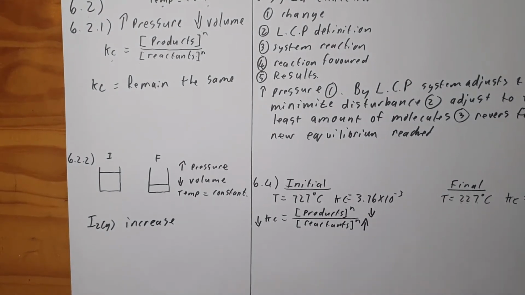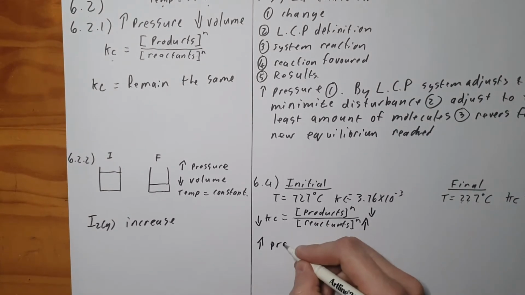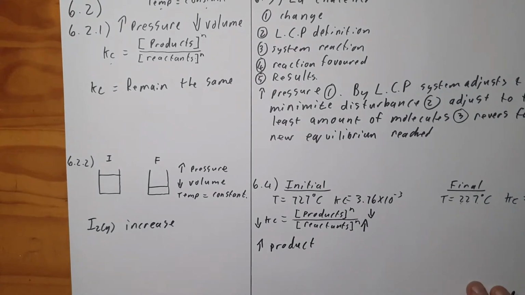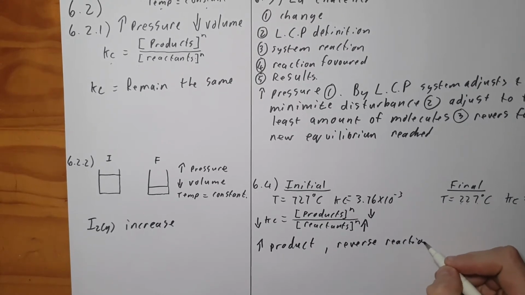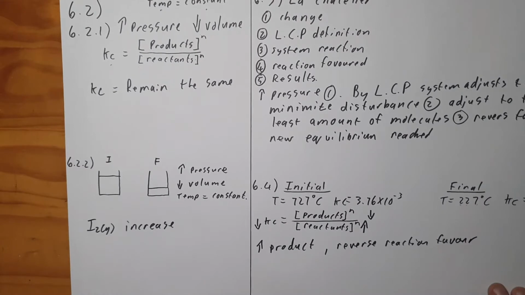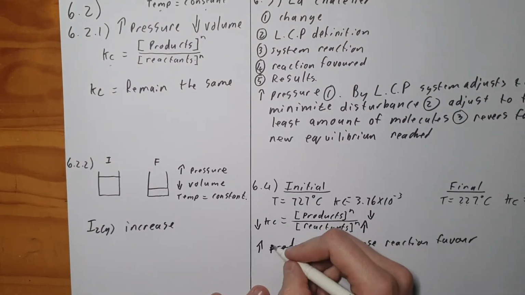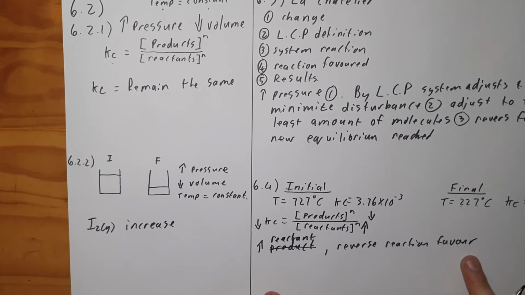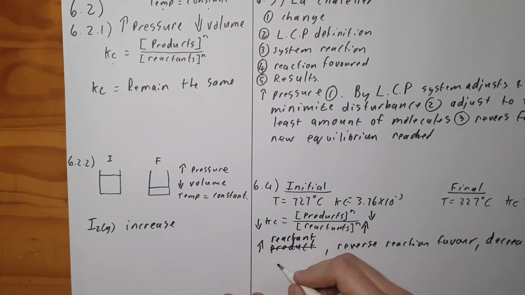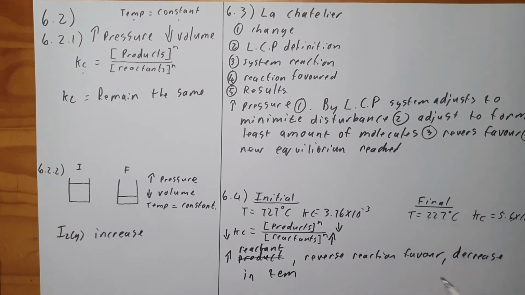So because there's an increase in reactants, not my products, my reactants, this means the reverse reaction is favored, and then we can see that there's also a decrease in temperature, which means the reverse reaction is exothermic.